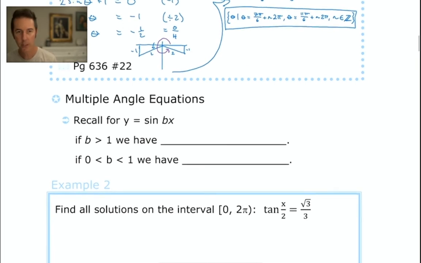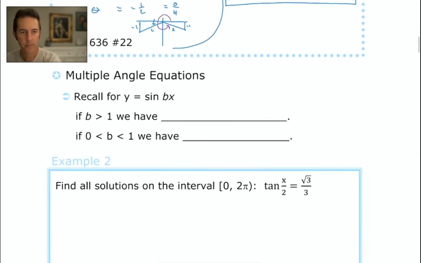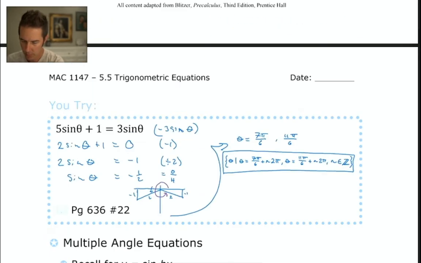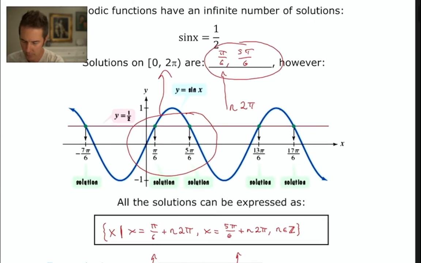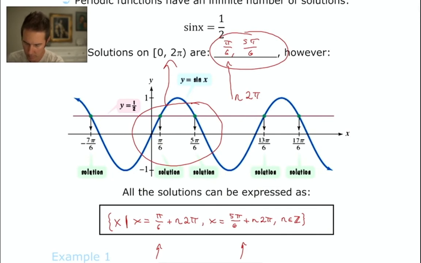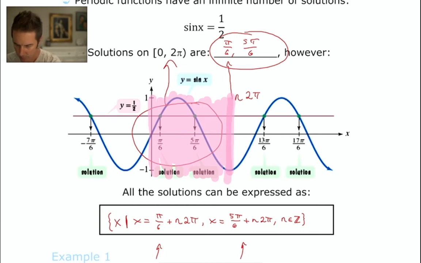So we're going to change gears a little bit in this section. The next subtopic is multiple angle equations, and these are interesting. I'm going to sort of cruise back up here to the very top of these notes, and I'm going to highlight the first period of this sine function that we have here that goes from 0 to 2 pi.